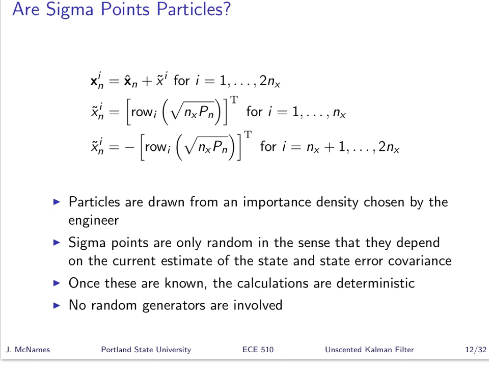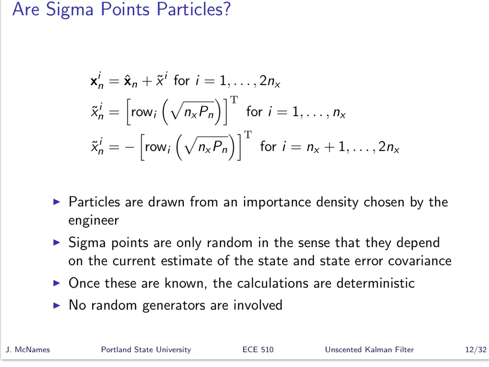These sigma points are random. The book says they're deterministic, but really they aren't, because the sigma points depend on the estimates of your state, and those estimates depend on your measurements, which are random. And so this is a random vector. The sigma points are random vectors, but you're not drawing them from a random distribution.